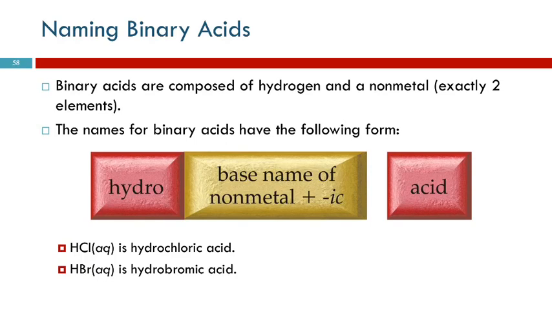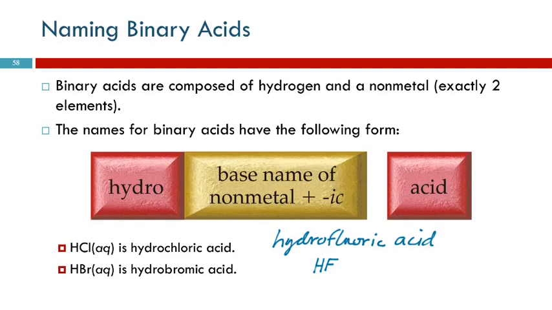What if you need to write the formula from the name? Let's do one. I'm probably duplicating a slide that's coming up, but oh well. Hydrofluoric acid. Well, what are the two elements in that? Hydrogen and fluorine. So a great guess would be HF, and you'd actually be correct there.